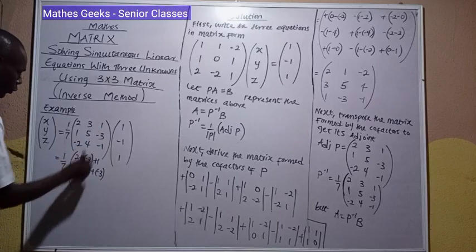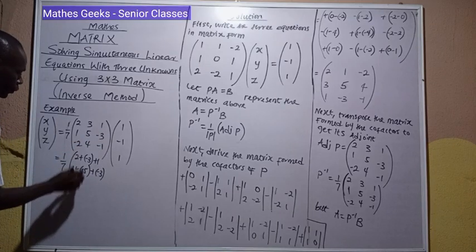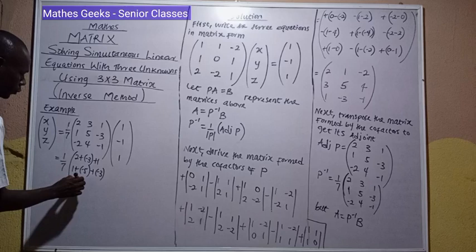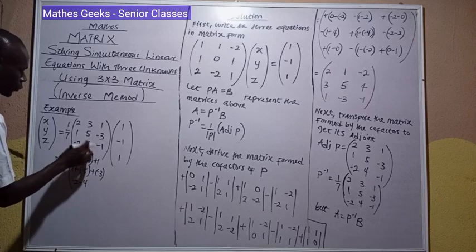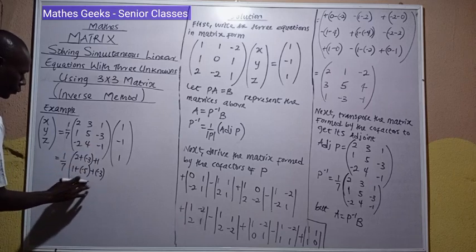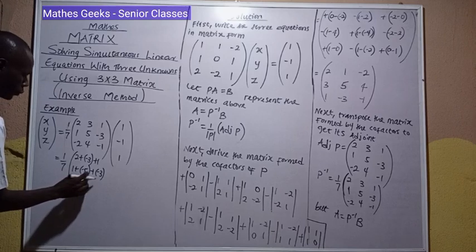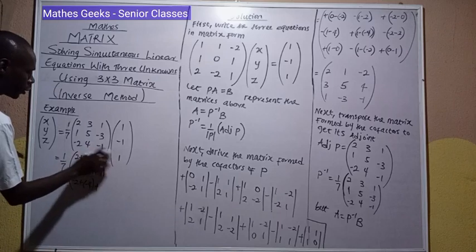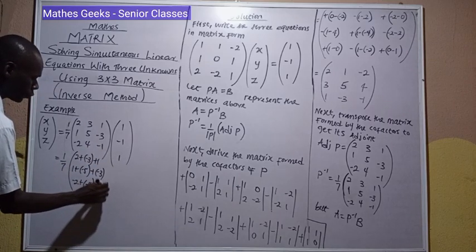And minus 2 times 1 is minus 2. 4 times minus 1 is minus 4. Plus minus 1 times 1 is minus 1.